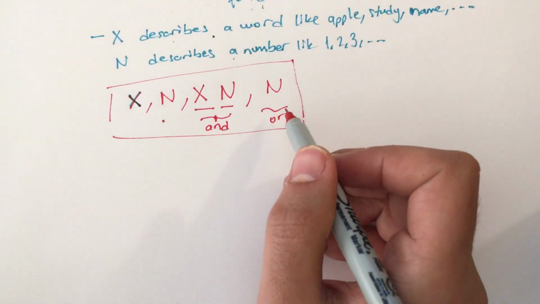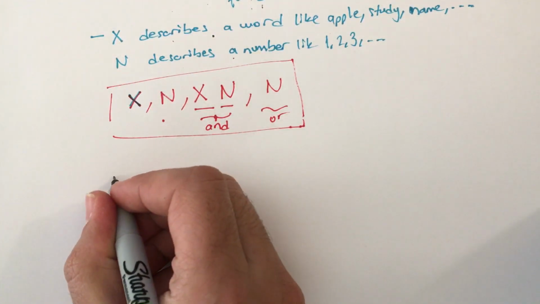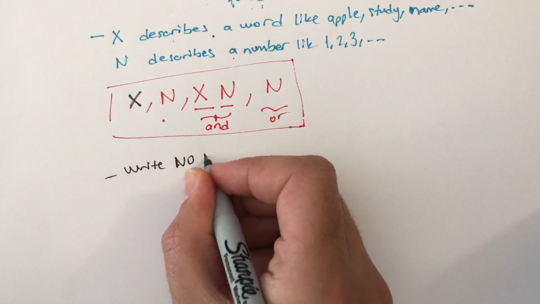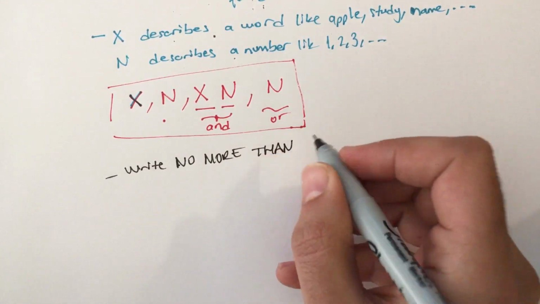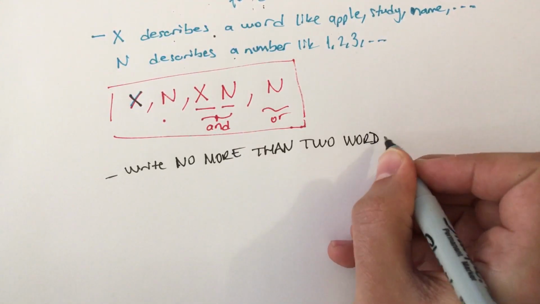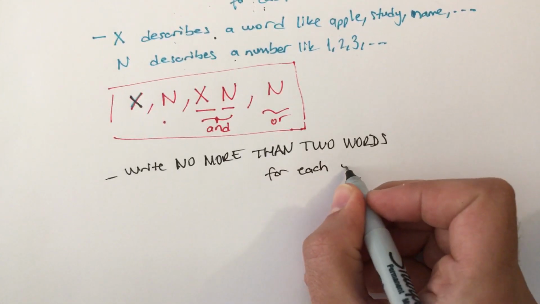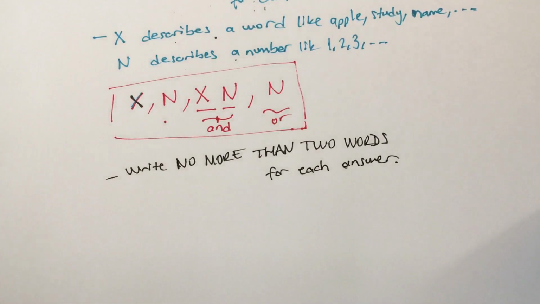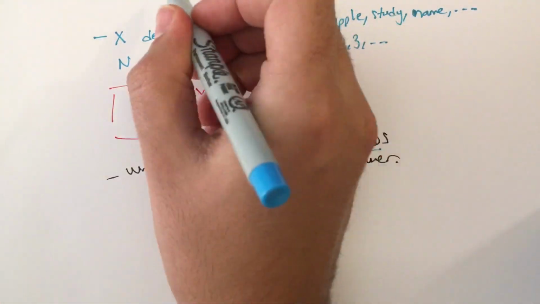Another example is write no more than 2 words for each answer. These instructions are always uppercase and bold letters.